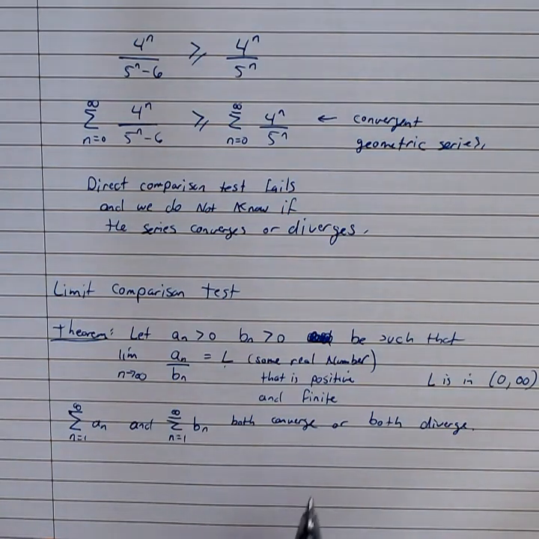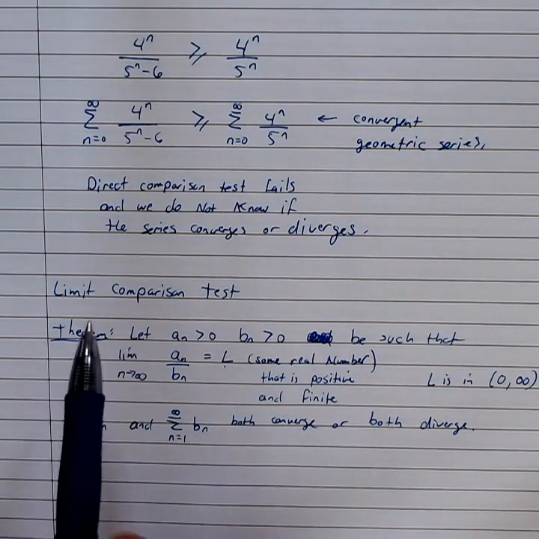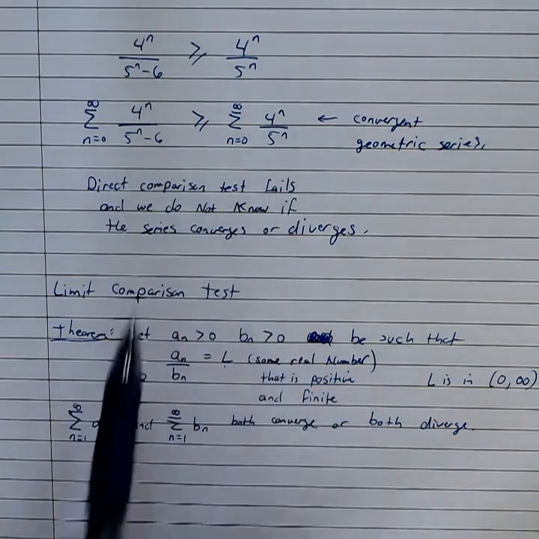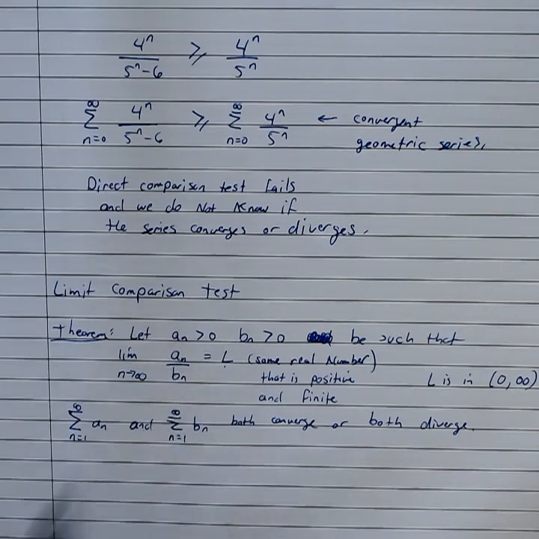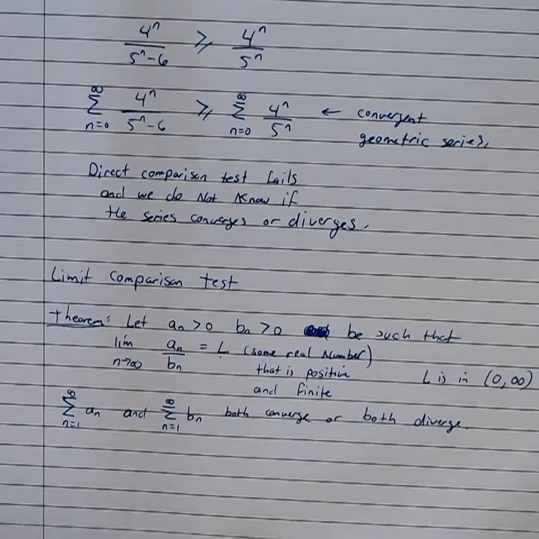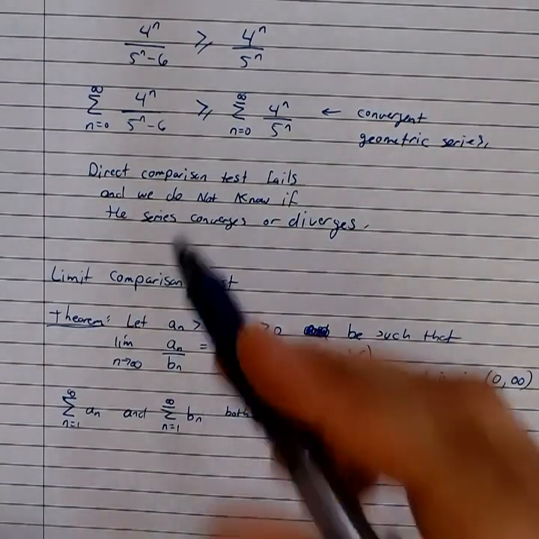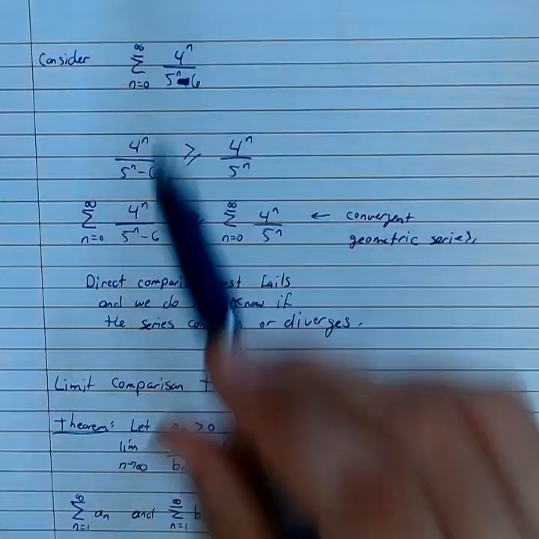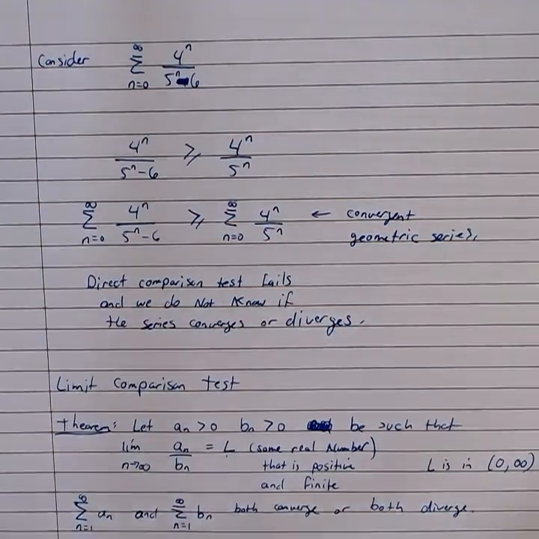So this allows us to compare not our series, but the limits of the nth term of our series, or rather the limit of the quotient of the nth terms. Here we can use this previous series as a nice example of how to use the limit comparison test.